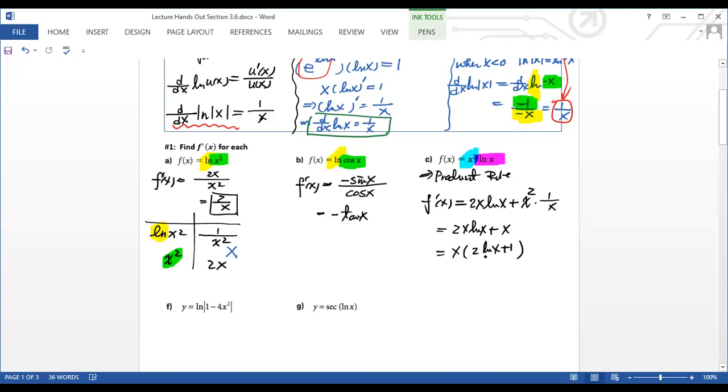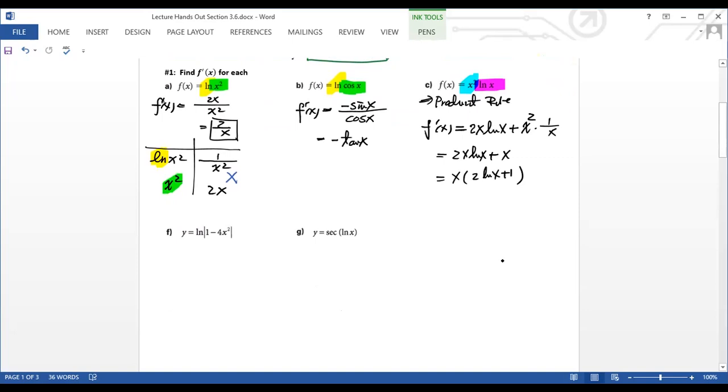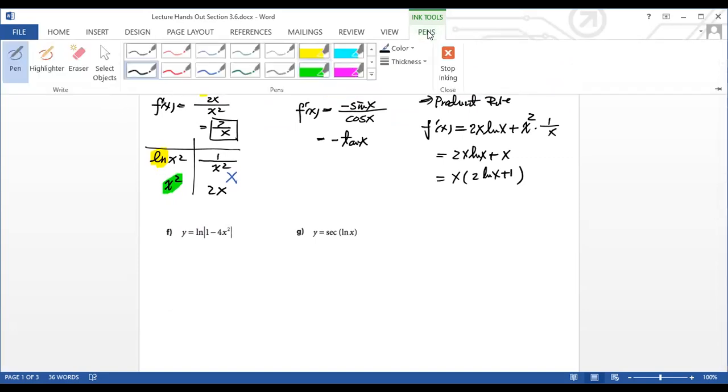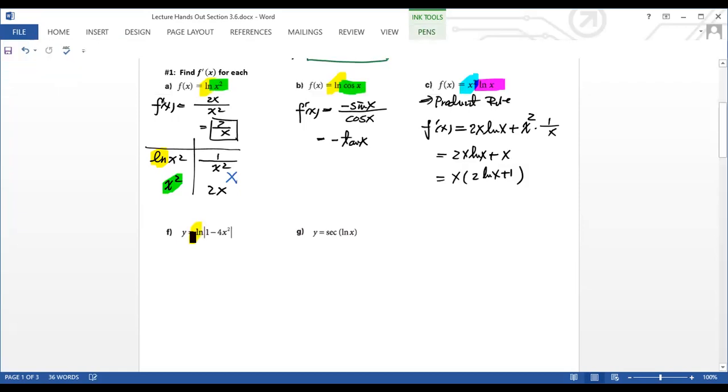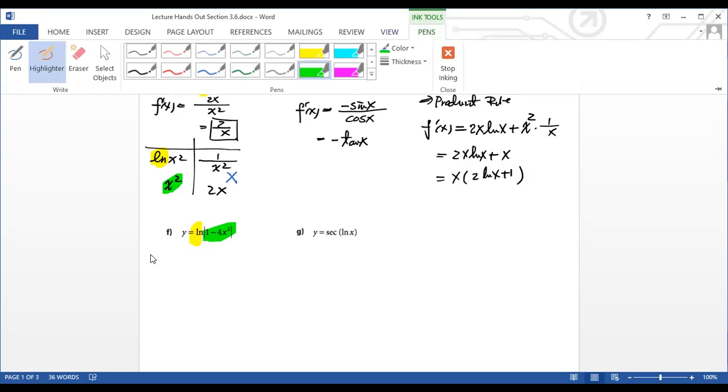Okay, now the next thing here, this is natural log of 1 minus 4x squared. For the whole thing here, first I saw the chain rule. So this is the natural log, this is the first layer, and this is the second layer. Let's take a look. So what are my derivatives here?